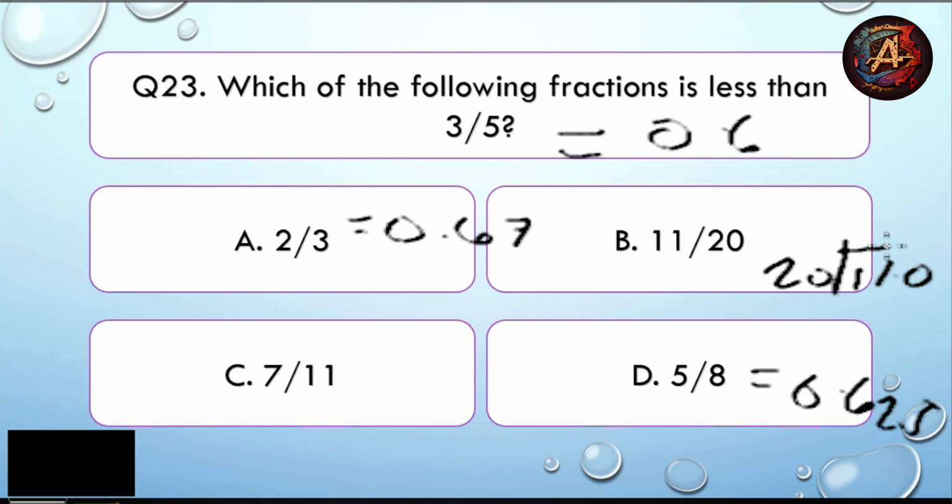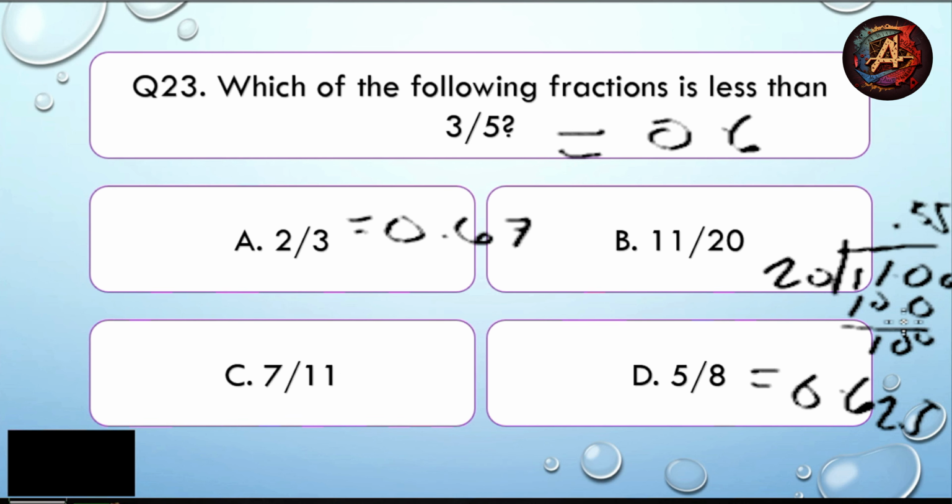Remember that 11 cannot be divided by 20, so we add a decimal. How many 20s are there in 110? There are only 5, that is 100 because 5 times 20 is 100. Then we add another 0, so that is 0.55. So the value of 11 over 20 in decimal form is 0.55.